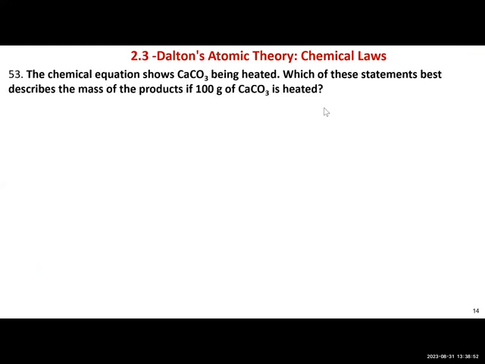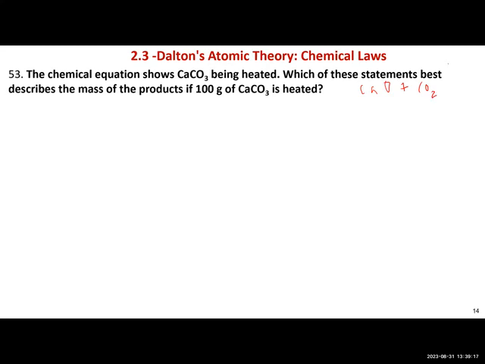Now, when you look at this question, calcium carbonate is heated. We're going to look at the Dalton atomic theory and laws. Calcium carbonate breaks up into calcium oxide plus carbon dioxide.